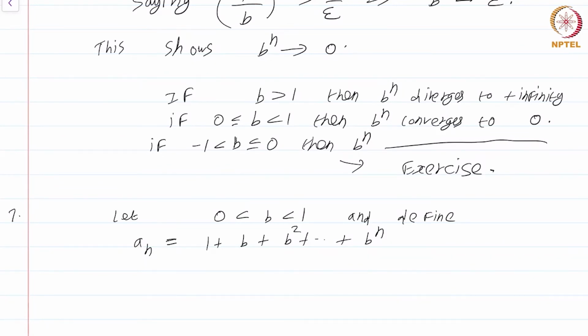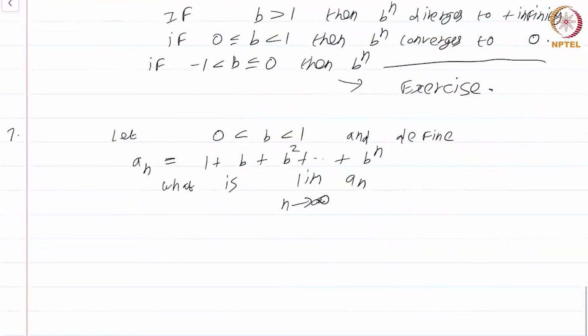Okay, what is the limit of a_n as n goes to infinity? All of you know the answer. It's just 1 by 1 minus b. 1 plus b plus b squared plus dot dot dot, so on all the way up to infinity, is called the geometric series.